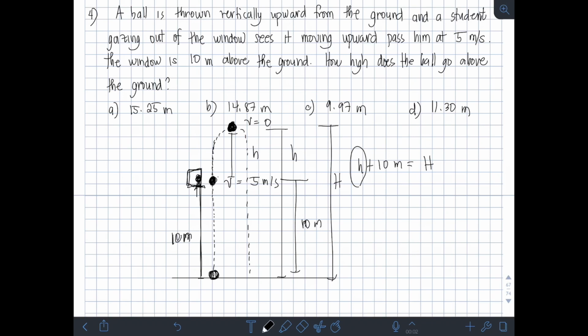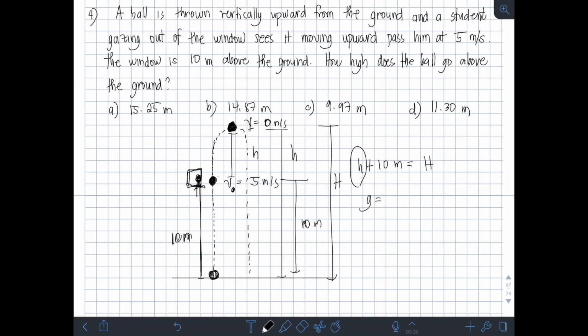So, applicable din naman yung equation of motion natin dito for free fall. So, ang given natin, pwede natin i-consider na initial velocity ng ball, itong 5 meter per second. And then, final velocity ng ball is itong 0 meter per second. Yung na-reach niya yung peak. And then, dahil free fall tayo, meron tayong gagamitin ditong constant acceleration.